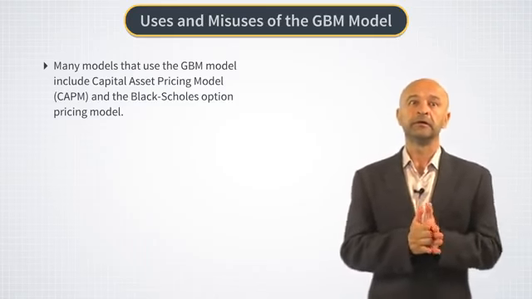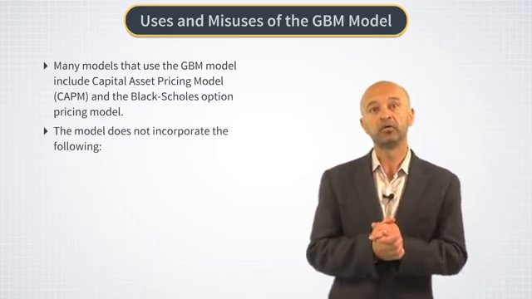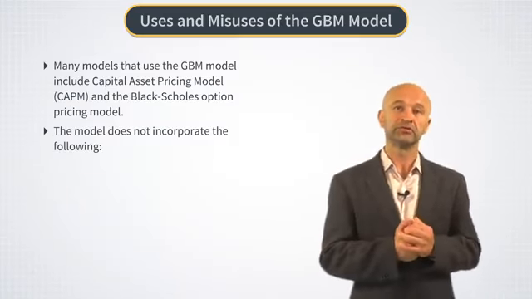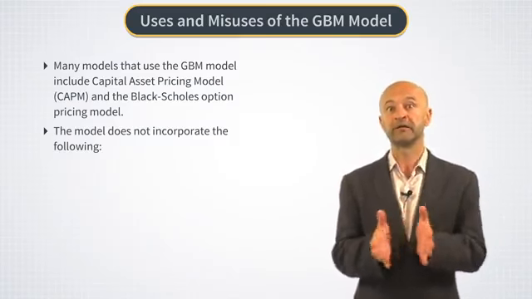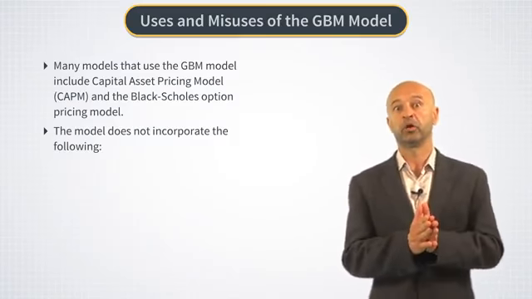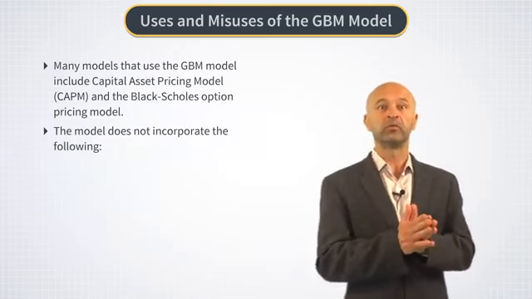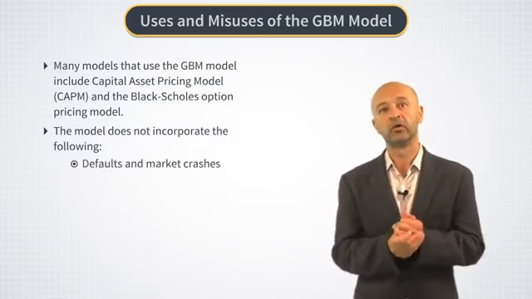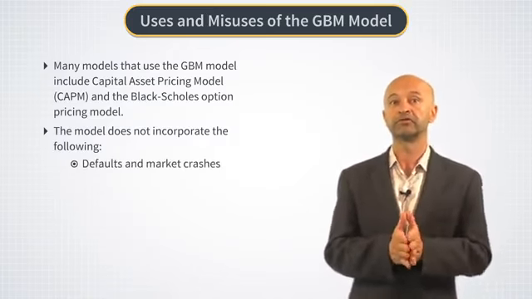Yet, its simplicity notwithstanding, the GBM model has a large number of well-documented deficiencies that go beyond the mere fact that it does not fit the market quite well. So let's go over these problems with the GBM model one by one. First, the GBM model does not incorporate defaults or market crashes.